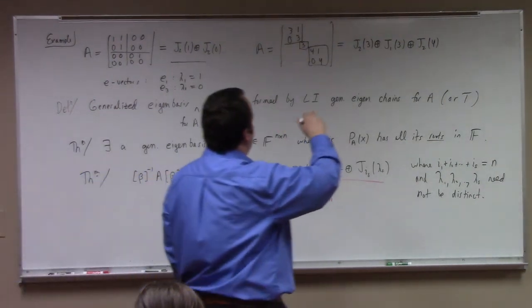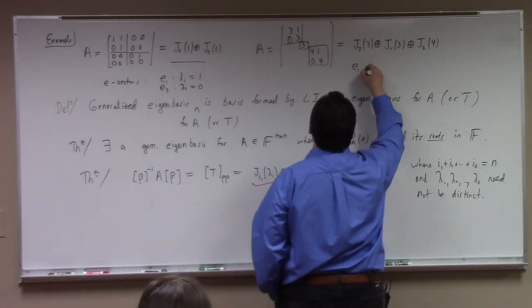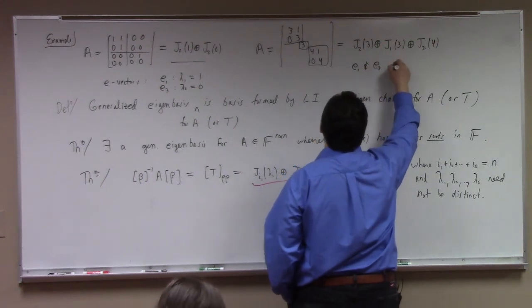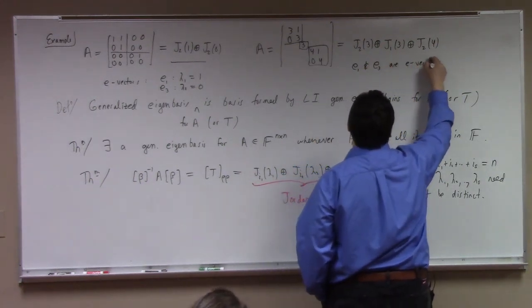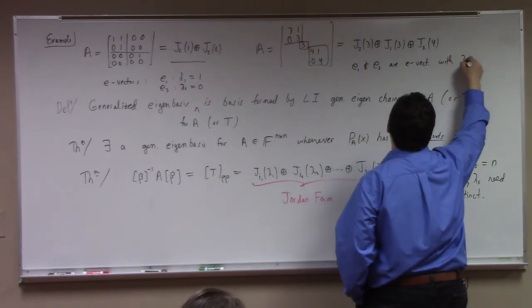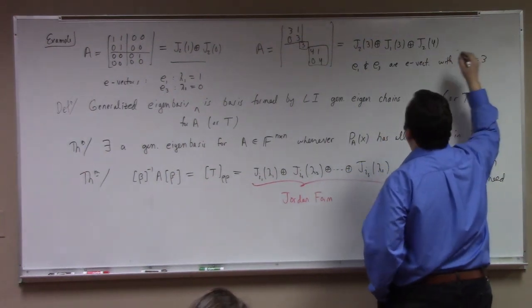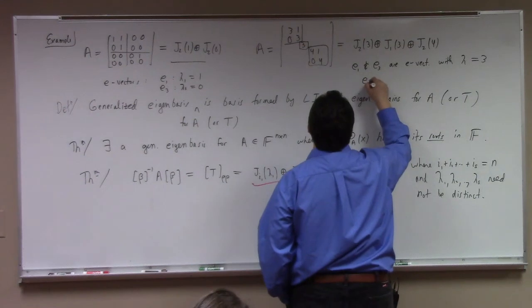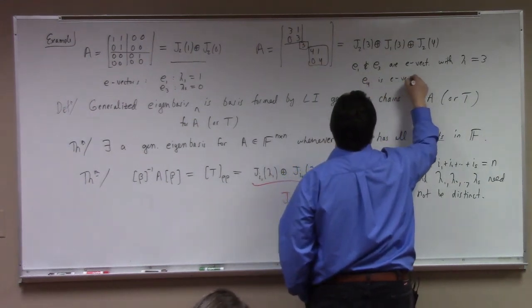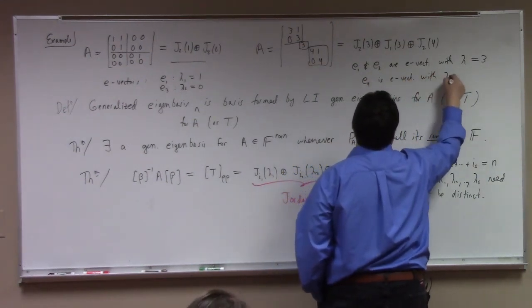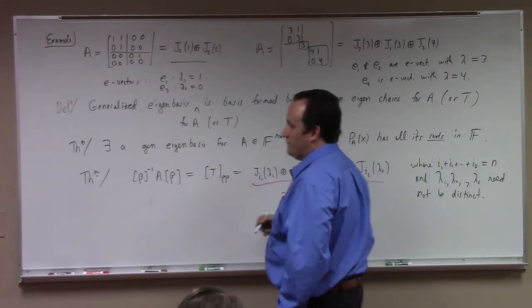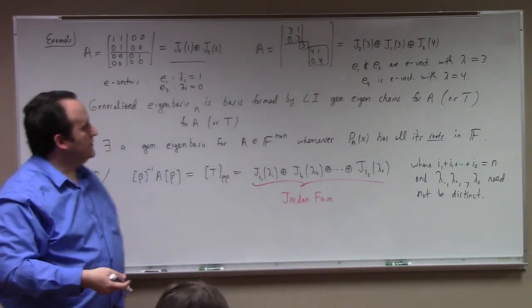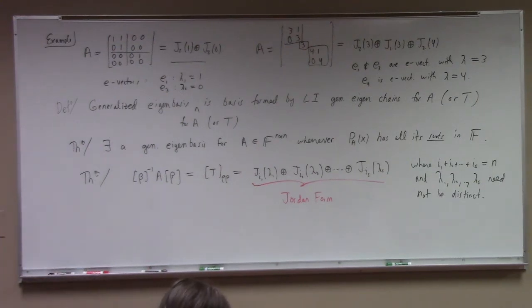For this one, E1 and E3 are eigenvectors with eigenvalue lambda equals 3. And E4 is an eigenvector with eigenvalue 4. And there are, in fact, 2 generalized eigenvectors in the standard basis, namely E2 and E5.